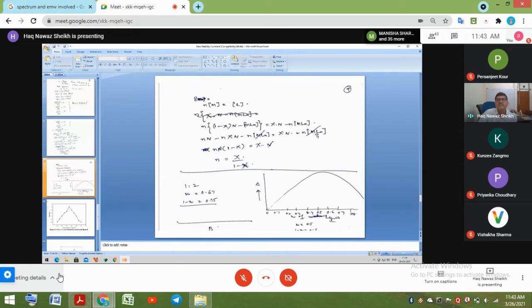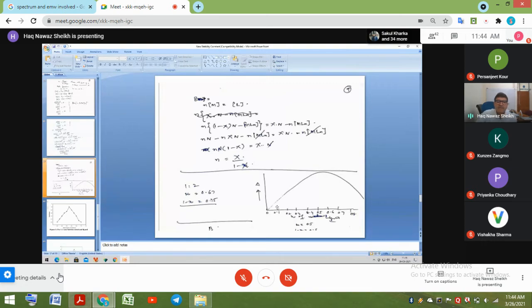This term and this term on different sides get cancelled out, and then we are left with nm(1 minus chi) on the left. On the right side we are left with chi n. So N and n go, and small n is equal to chi by 1 minus chi, where chi is the mole fraction of the ligand and 1 minus chi is the mole fraction of the metal. So the same thing we arrive at; we have derived this situation.